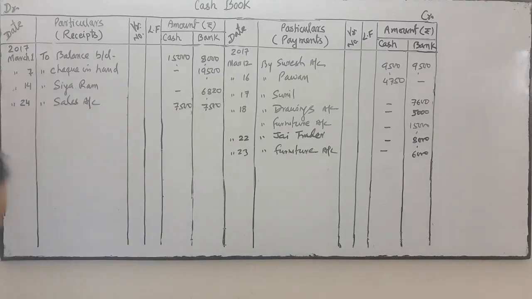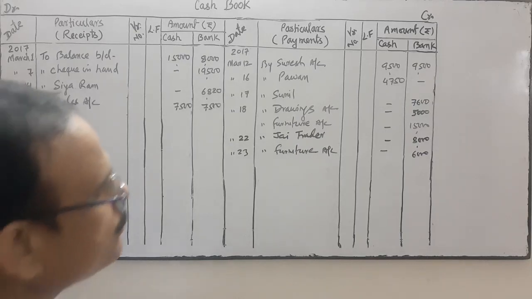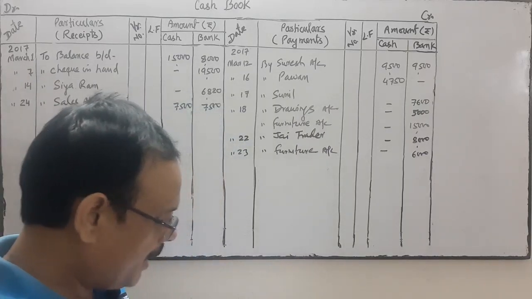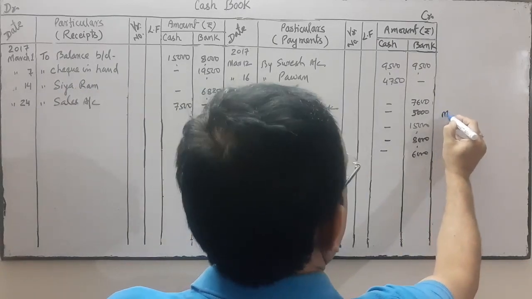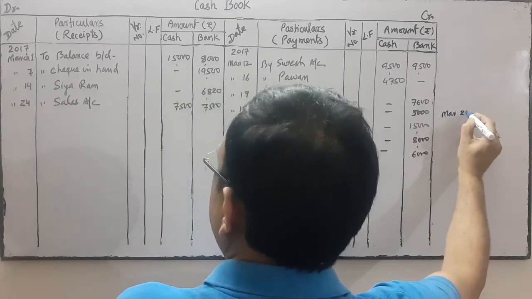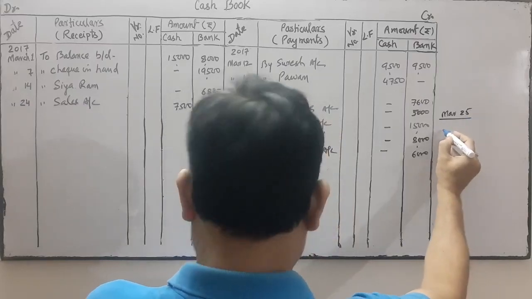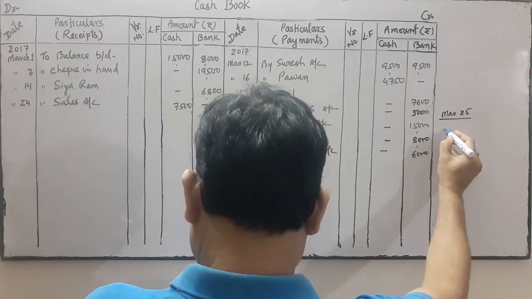7,500. Now next, on 25th, X settled his account by payment of 10,150, 150 being interest charge. This is of March 25. X settled his account.